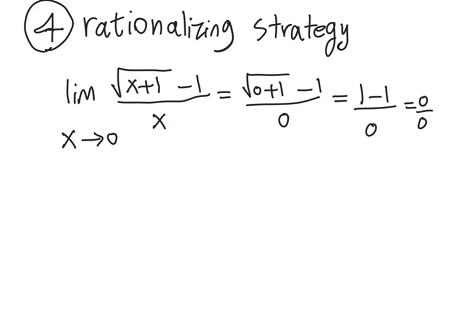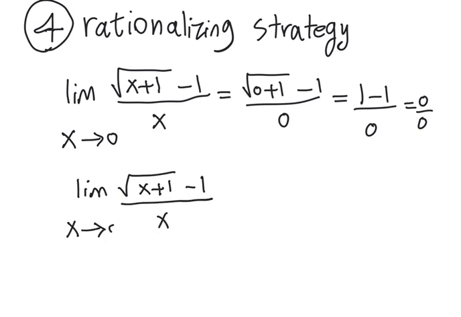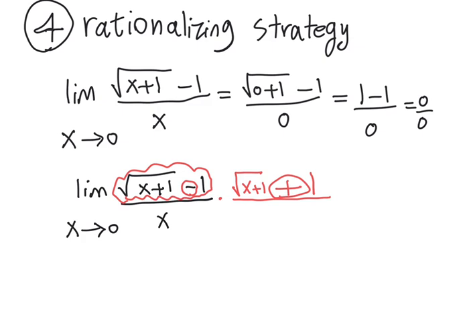In this case, we need to multiply the fraction by the conjugate of the numerator, because the problem is here, the radical is here. The conjugate of the numerator is root x plus 1 plus 1, because here it is minus, so the conjugate is plus, always the opposite sign. If it was plus, you would write minus, but because it's minus, the opposite is plus.